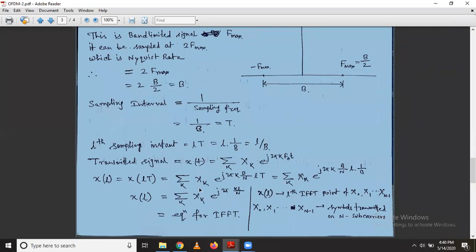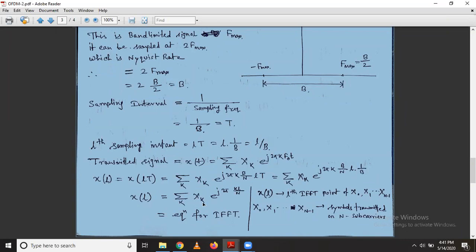That means XL and XK are an FFT pair or inverse Fourier transform pair. If you are applying Fourier transform or FFT on this, we will get this one. If we are applying inverse Fourier on this, we will get this one.